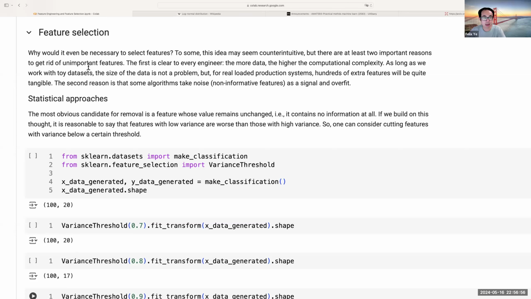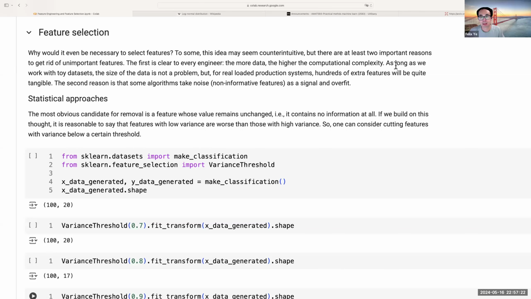There are two reasons for that. The first one is, of course, the more features that we have, the higher the computational complexity. Think about if we have 1,800 features in house price prediction. That will be super time consuming and expensive to consider all these features.